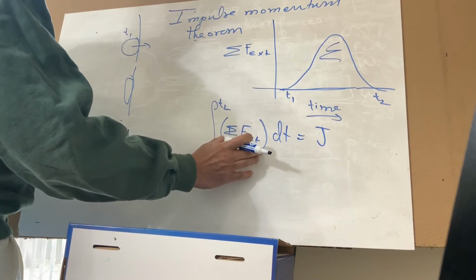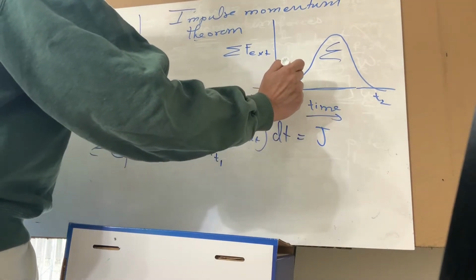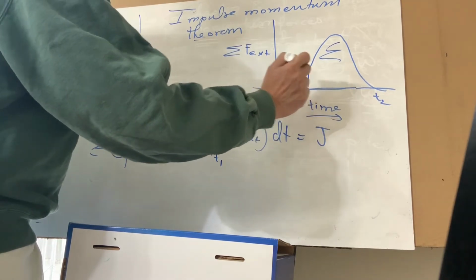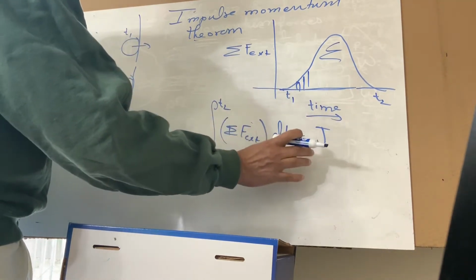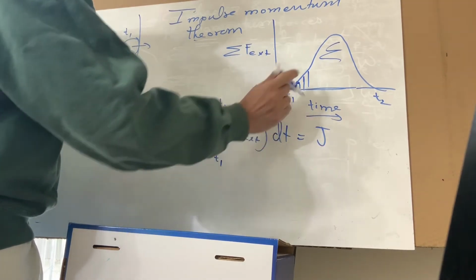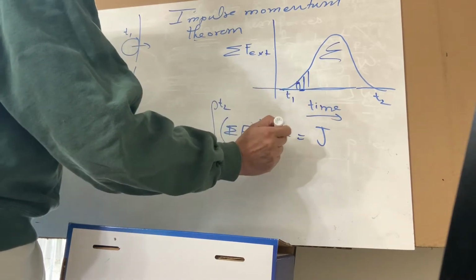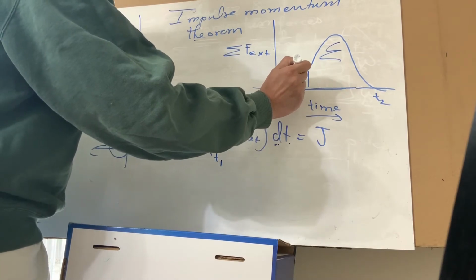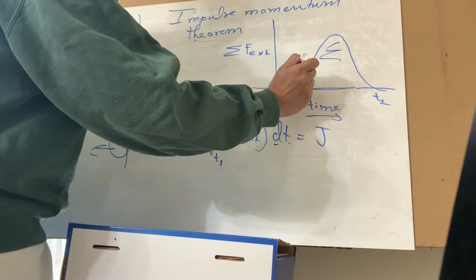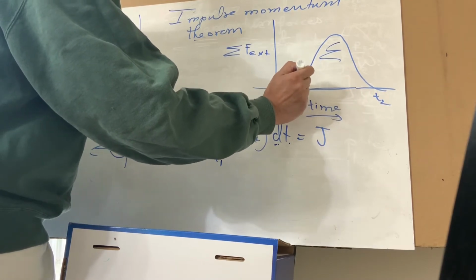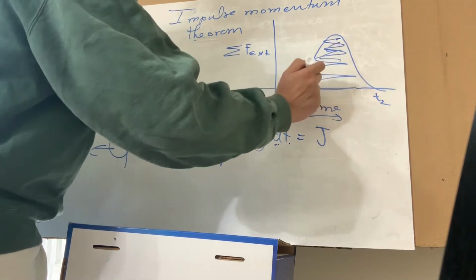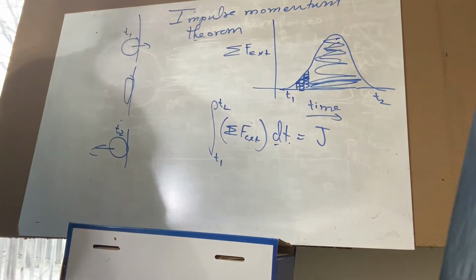You're multiplying the force with time, breaking this into small pieces and assuming the force is constant for that small time interval, dt. You multiply the force there and you get these areas. So this integral is just the total area.